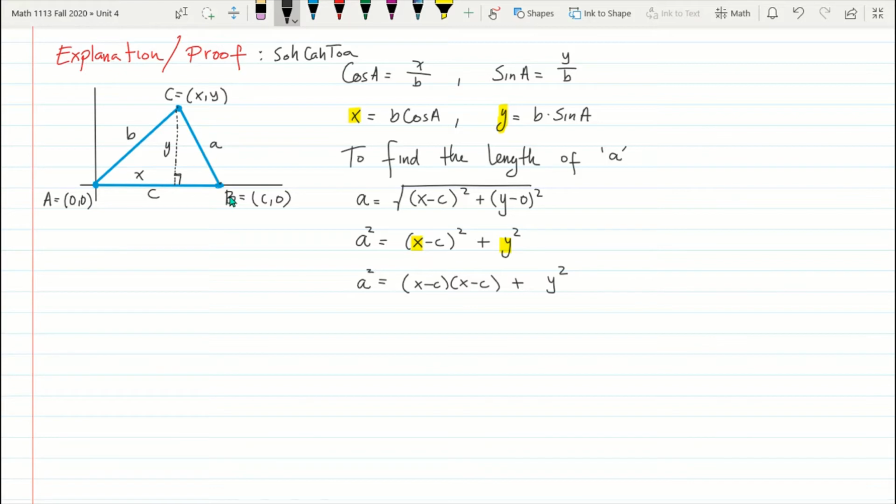So if I do that, a squared is equal to x squared minus 2xc, because x times negative c will be negative xc, and negative c times x will be the same thing, plus c squared plus y squared. Now I'm going to leave a little room because I'm going to plug in the values for x and y.